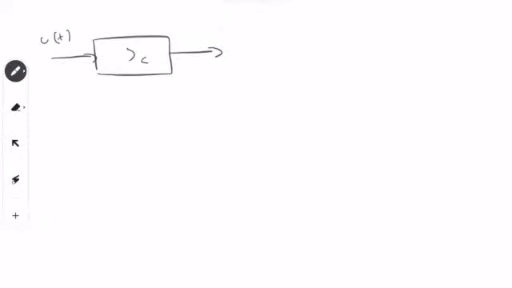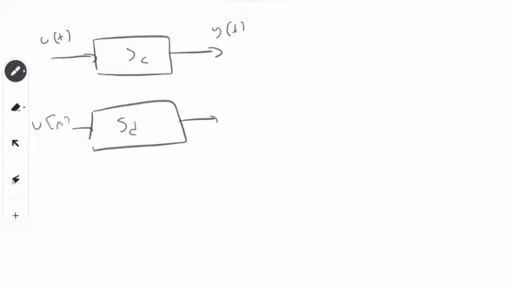Input is u of t and output is y of t. In a discrete time system, S_D, input is u of n, output is y of n. So it is a mapping from a set of input signals to a set of output signals, the same for continuous and discrete time. The definitions are the same.